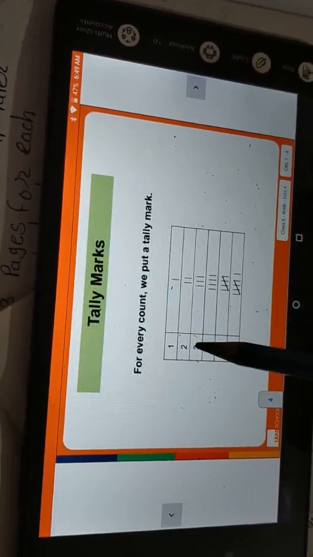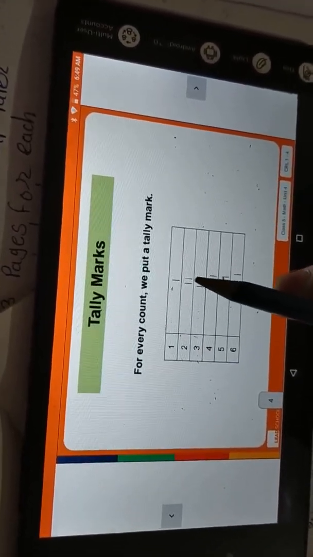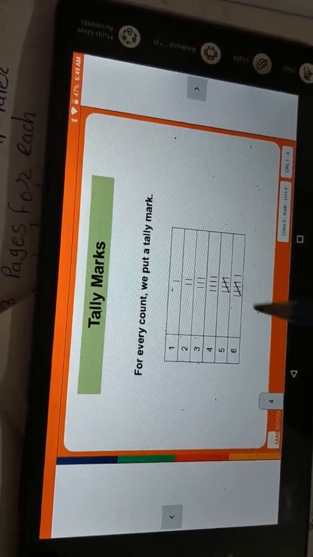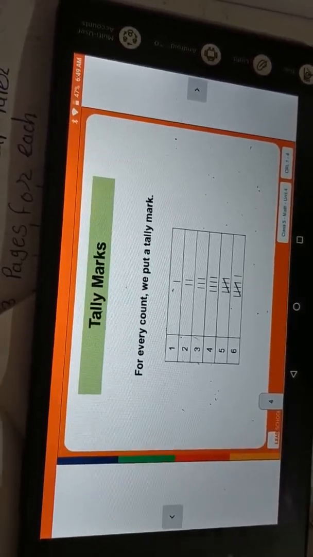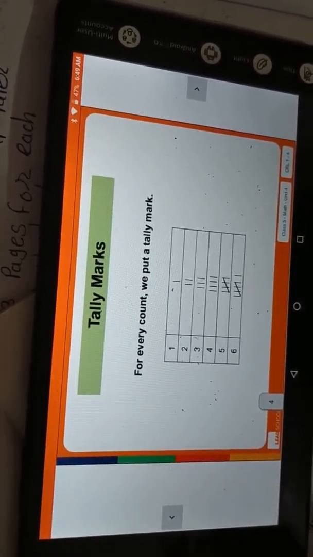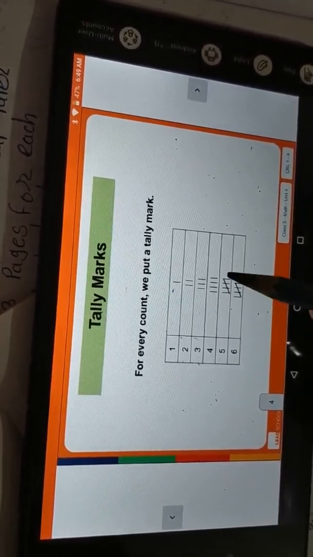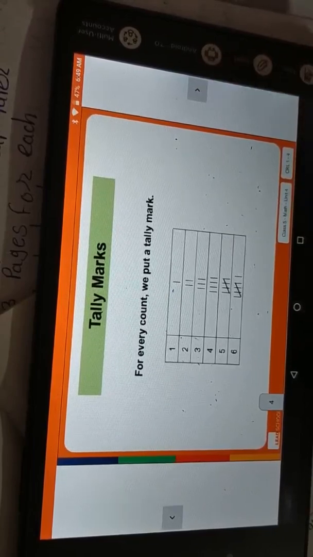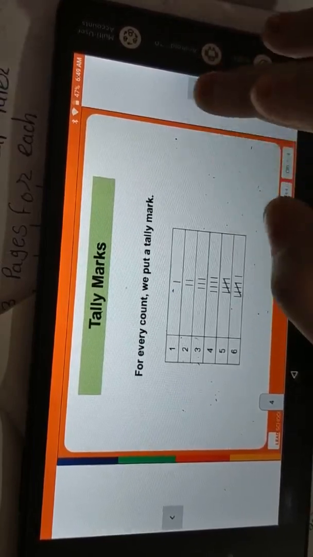For one student we have to draw one standing line, then two standing lines for two students, three standing lines for three students, still 5. And when there are 5 students, we have to cross it out. Again for 6 students, we have to draw one line.